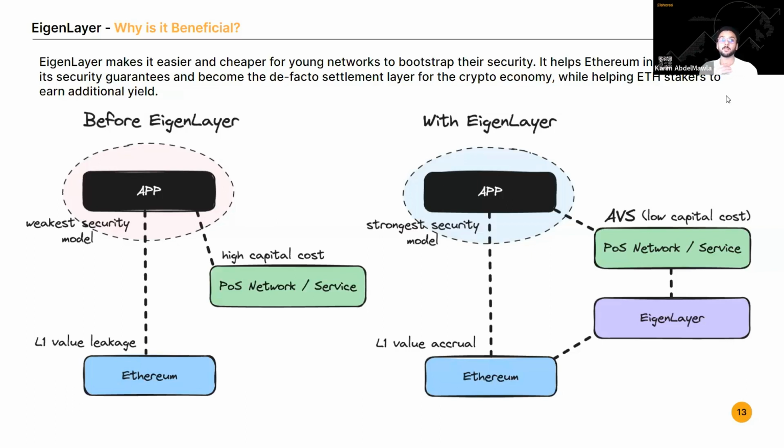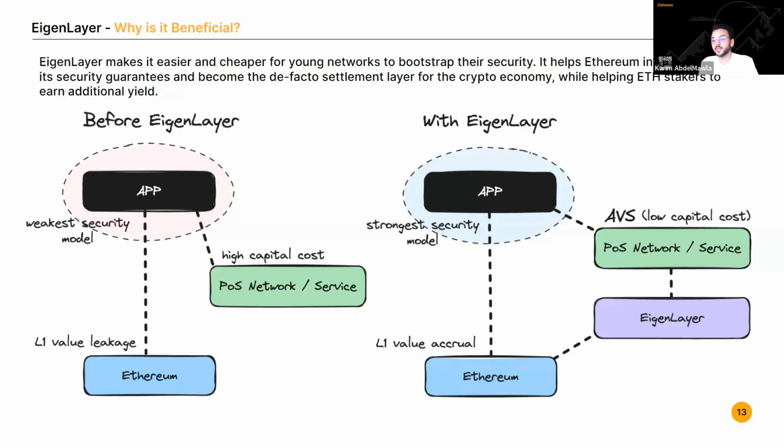But it's not just for the network's benefit. This is also quite helpful on the staker side, because ETH stakers earn somewhere from 2 to 4%. Of course, this depends on network activity, on how many people are staking, and on a lot of things, but it could be quite small for some operators. So when you as a staker or operator working on top of EigenLayer plug your service into the protocol, you are able to earn additional yield.